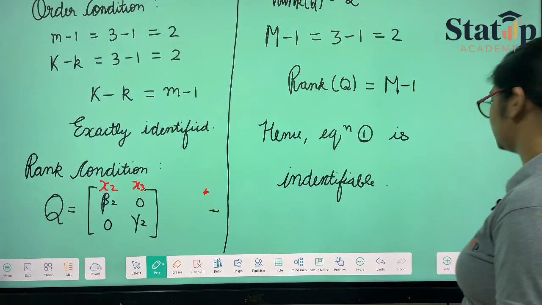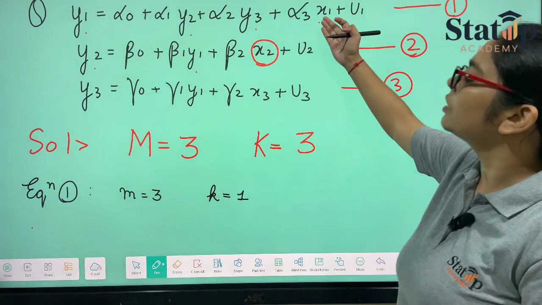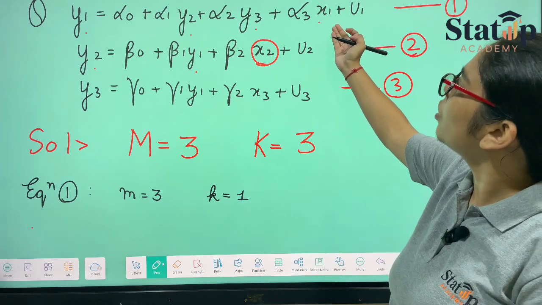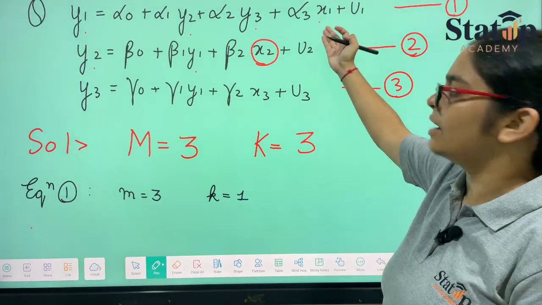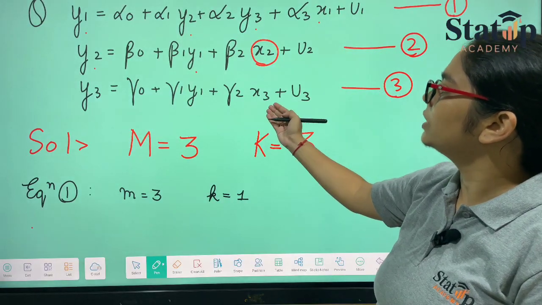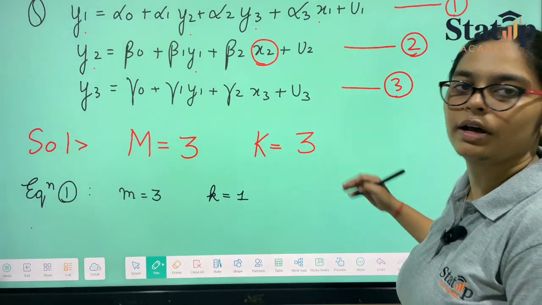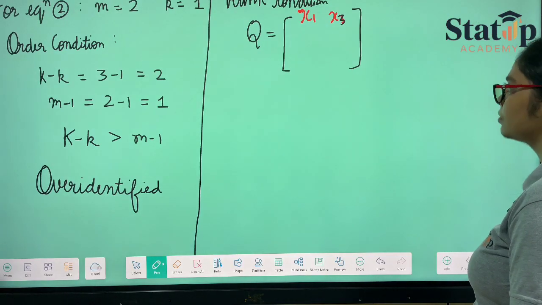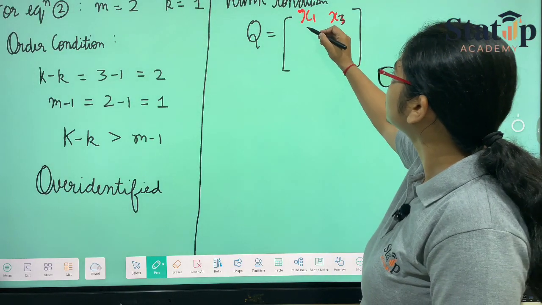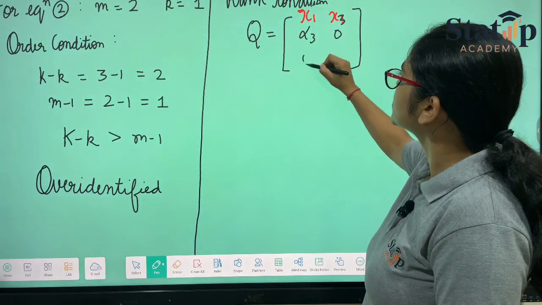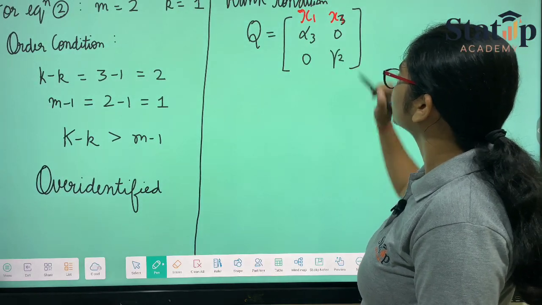So what are the coefficients of these? In the first equation, the coefficient of x1 is alpha 3, and x3 is 0. And in the third equation, it is 0 and gamma 2. Alpha 3, 0, 0, and gamma 2.